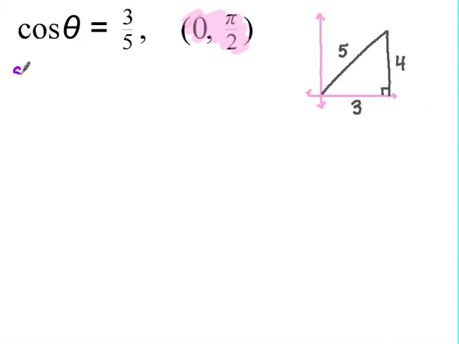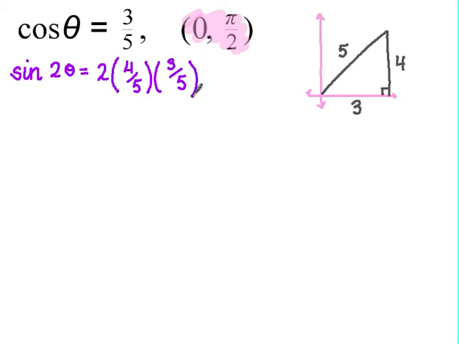Sine of 2 theta will equal 2 times sine times cosine. So 2 times, what's sine? 4/5. What's cosine? 3/5. So I have 2 times 4 times 3, which is what? So 24 over 25. There you go.